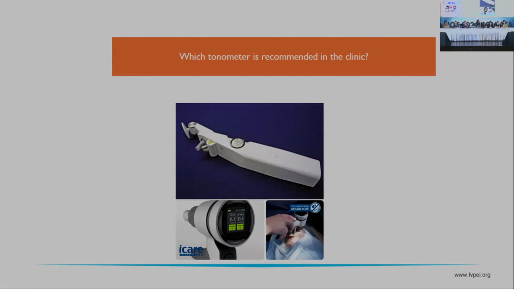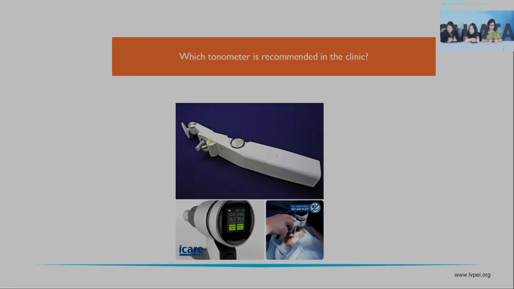If all the other parameters are normal, then you may not want to subject them to examination under anesthesia. Otherwise, for serious decisions and for management, and for assessing whether the pressures are controlled or not, you would want to use a Perkins or a GAT. Is that clear?